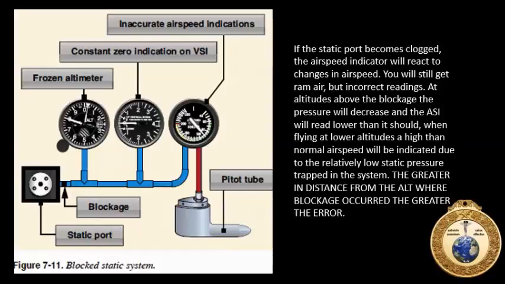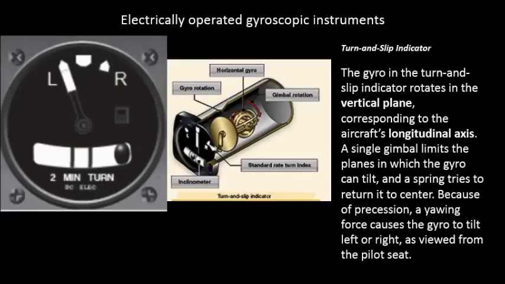I'm sorry, we're almost through this, and then finally I want to talk about the gyroscopic system, the electrically operated gyros. Now, this is a turn and slip indicator. This turn and slip indicator is indicating a left turn and a skid. Alright.